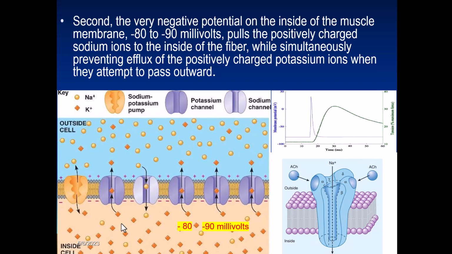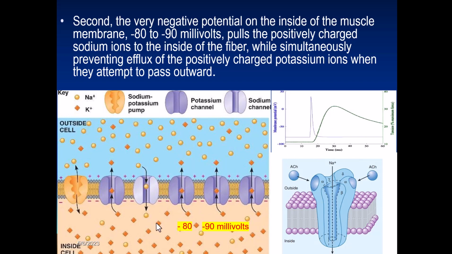So, sodium rushes in when there is an action potential, or when acetylcholine is released and attaches to its channels and they open. The sodium rushes inside and there is an increase in the membrane potential from minus 80 to 0.